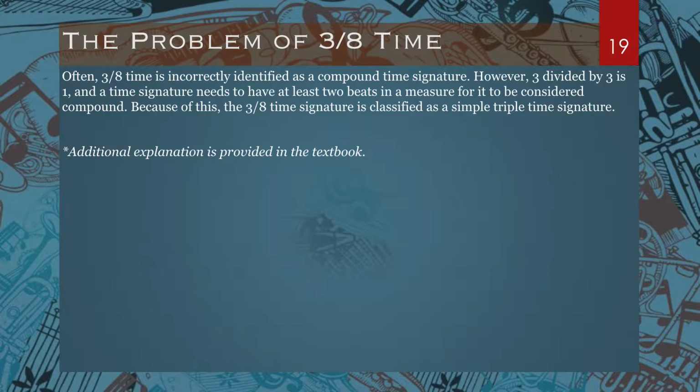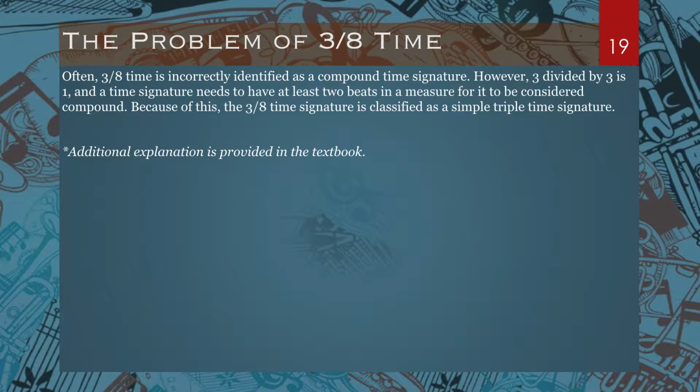One other thing though, there's also a problem of 3/8 time. 3/8 time is often incorrectly identified as a compound time signature because of the 8 on the bottom. However, 3 divided by 3 is 1, and a time signature needs to have at least 2 beats in a measure for it to be considered compound. If you think about that, 3 divided by 1 is 1.